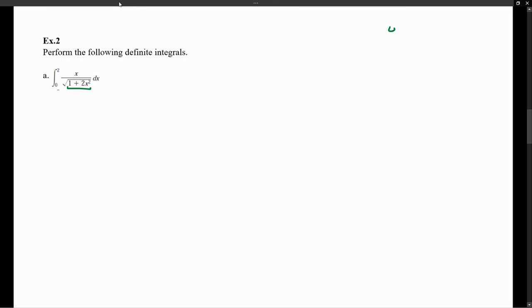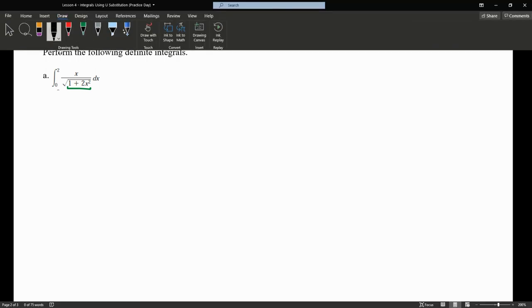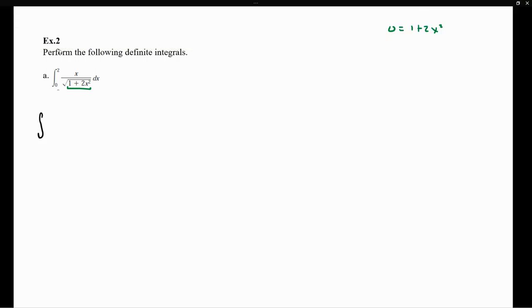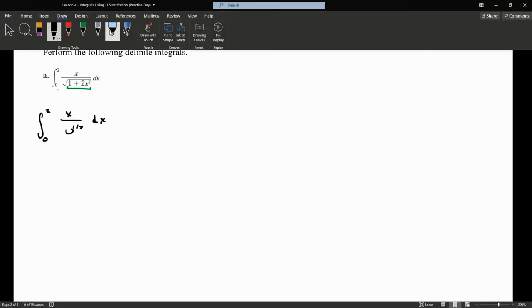It seems like that's going to make our life a lot easier. If we do that, let's rewrite our integration. Our integration is still from 0 to 2, x on the numerator, but now notice that we're going to have u to the 1/2. Again, 1/2 is the exponential representation of the square root. We still have two big problems to take care of, I should say.